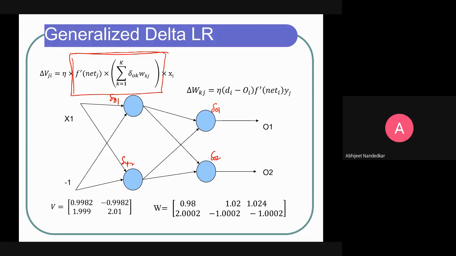This box is the delta Y1 computation. Instead of remembering the formula, you can remember it like this. If I want to compute delta Y1 here, just look forward at how many neurons are connected from this node onwards. Suppose there is one more here, then there will be a connection here also, and there will be its delta also.